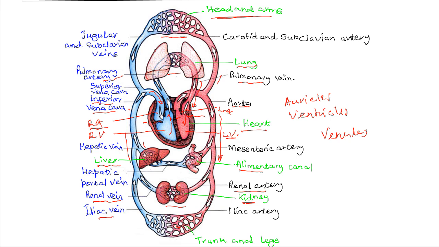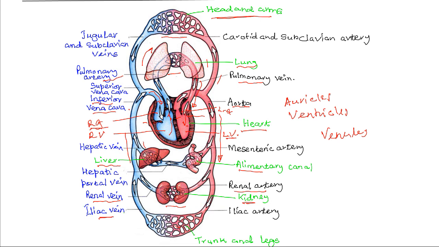Then from the heart it is pumped to the lungs for oxygenation, and then back to the heart once more, such that for every complete circulation, the blood will have to flow through the heart twice, thus making it double circulation.